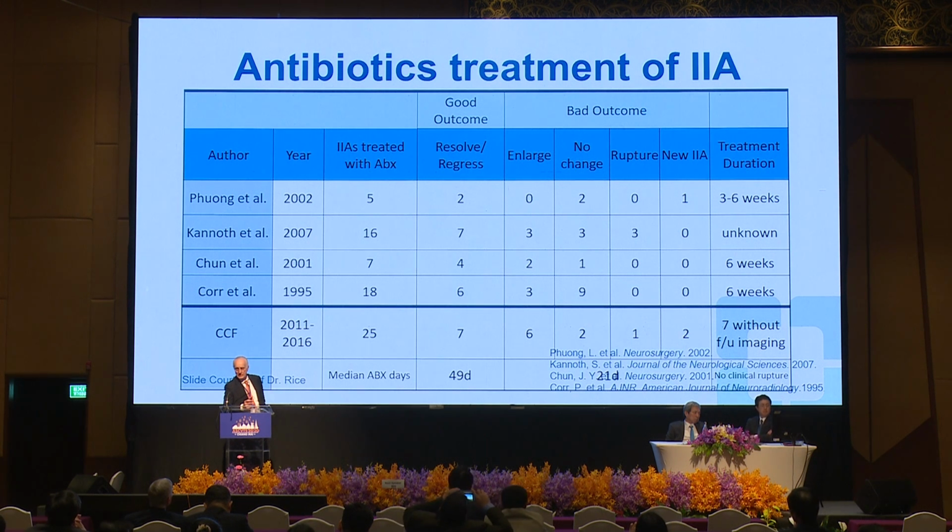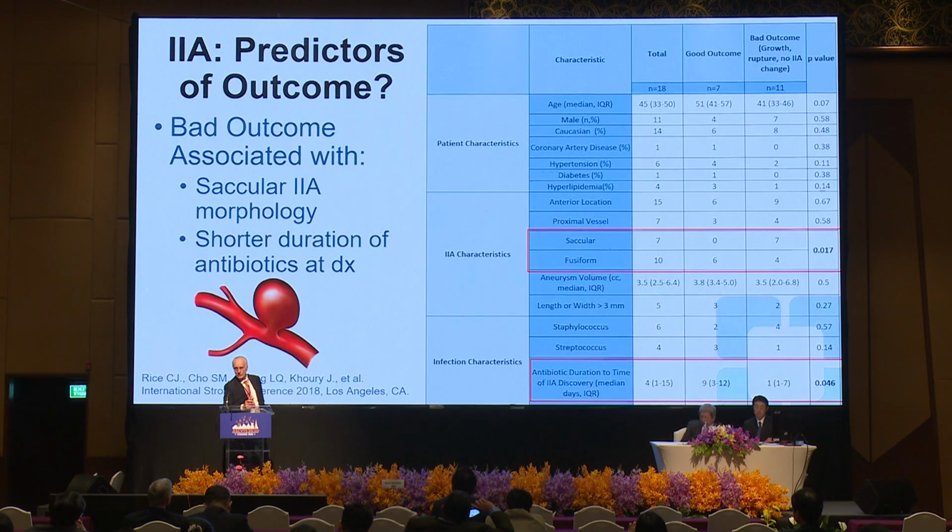Antibiotic treatment, you can see our series, 2011 to 16, in the lower line here. We had 25 cases, 7 of which did not have any follow-up imaging, and you can see that we had resolution in only 7 of the remaining 18 cases, while the other cases were either the same size or worse.